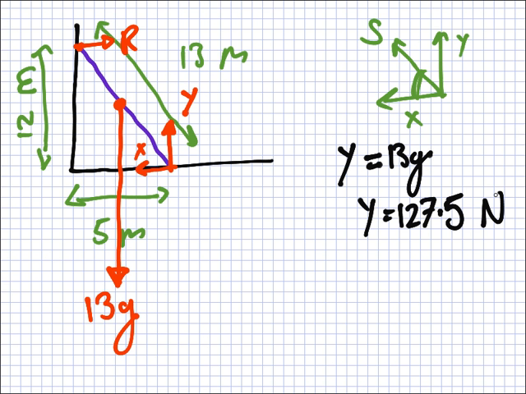Okay, fine. Now, we just need to get the X. This is a little bit harder because if we say X equals OR, that's not helpful because do we know the OR? No. So, here we said up equals down, left equals right is no help. So what's the last thing we can use?